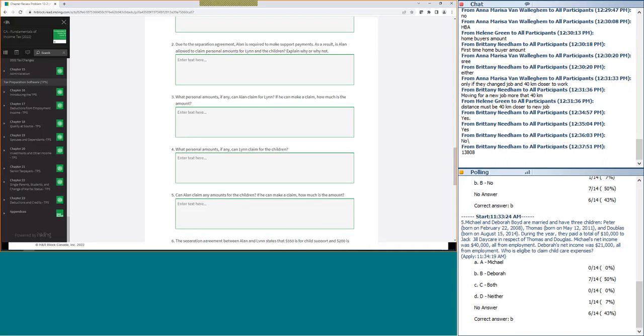What personal amounts can Lynn claim for the children? If she wants to claim the children on her return, can she? And how would she do it? Think of the personal amounts section. What options does she have?